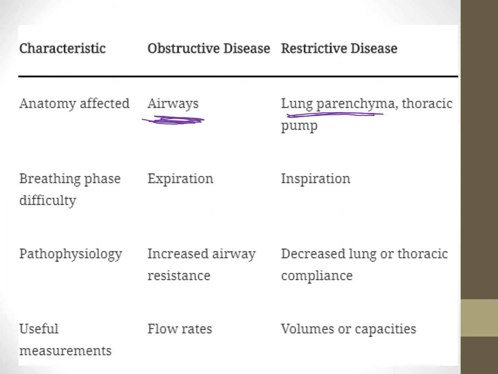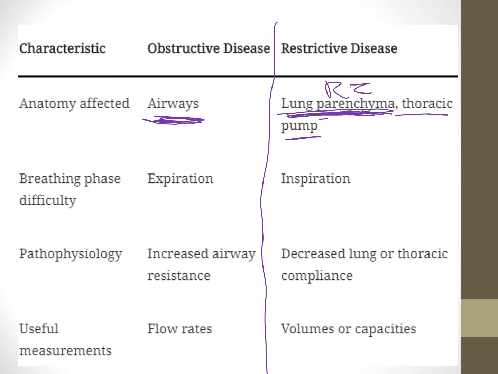Remember, parenchyma was one of those fancy terms for the respiratory zone, and I made you look at all 4 different terms for the respiratory zone because they're going to use them, and you want to know what they're talking about. With a restrictive disease, we're looking at something happening in the respiratory zone, or something in the thoracic situation, like a pneumothorax or a pleural effusion, that's causing a decrease in the ability of the thoracic cage or the lungs to expand.